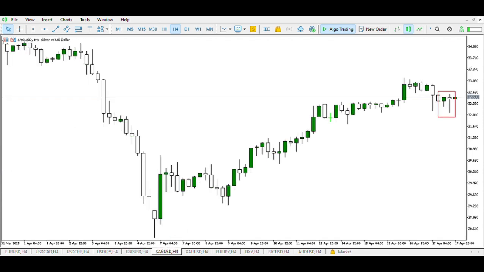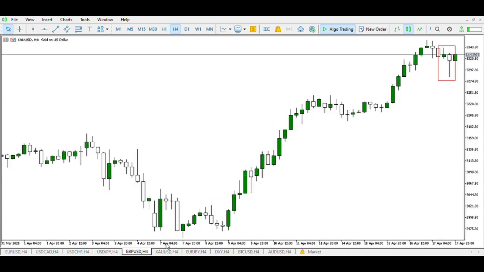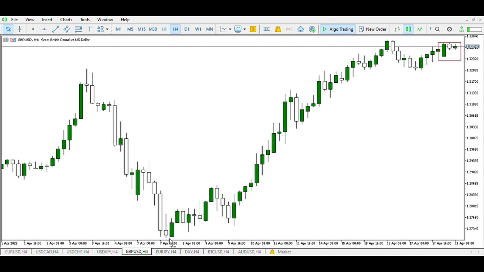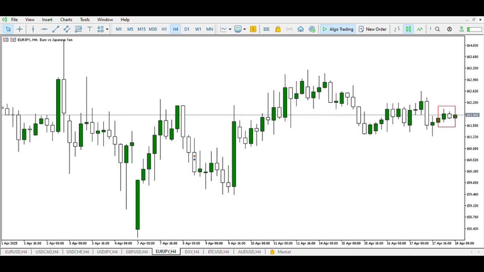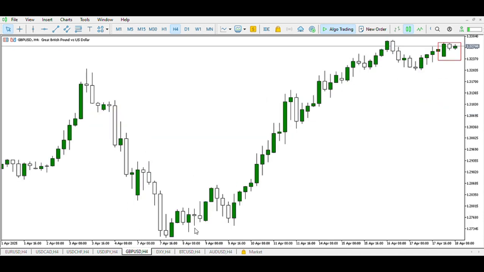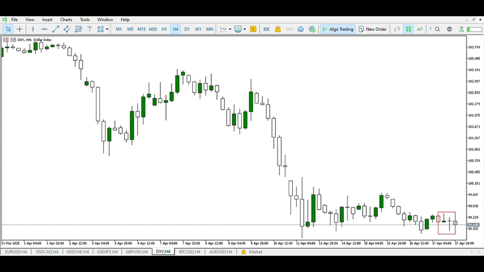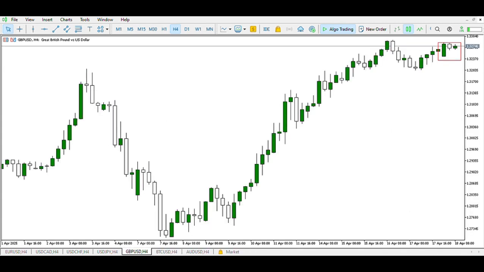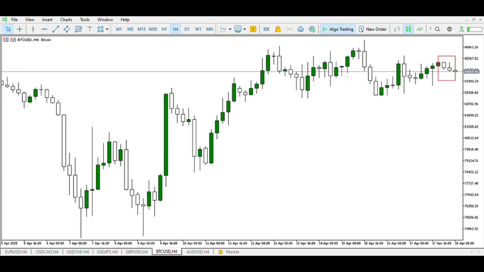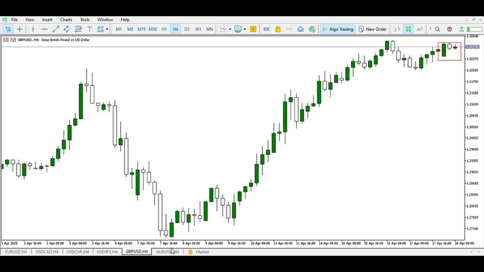Silver, I don't advise that. Gold is for investors. Gold is not for beginners or intermediate. Euro JPY, I don't advise that. DXY, you can just use it for analysis to look out for where the dollar pairs are going to head towards. BTC USD, if you're a crypto trader, that's left to you. So you can choose from this.